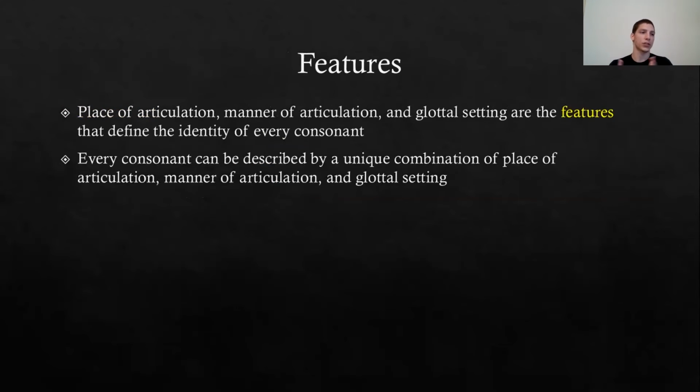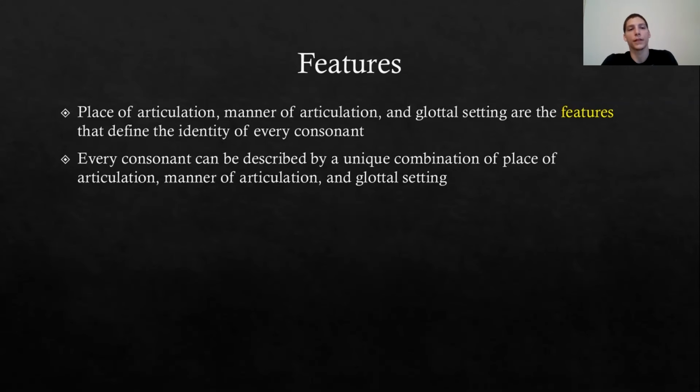All right, so these three different aspects of a sound are called features. So you have a different feature for place of articulation, manner of articulation, and glottal setting. And a shorthand way to refer to these is like a place feature, a manner feature, or a glottal feature.